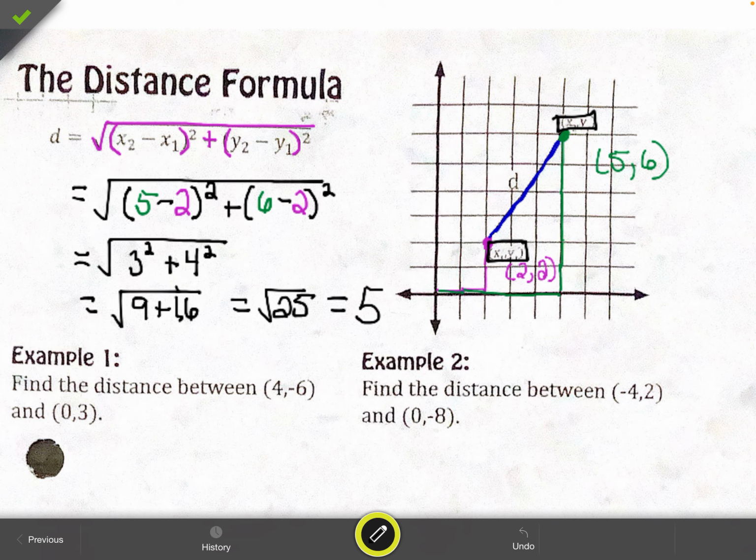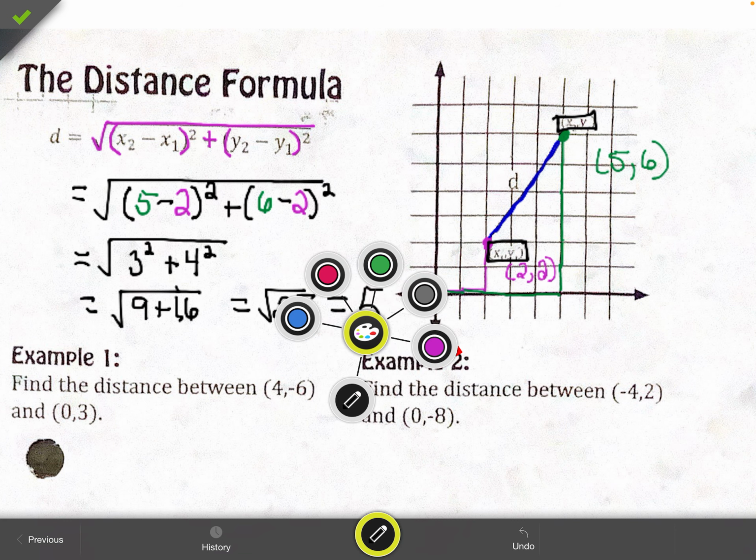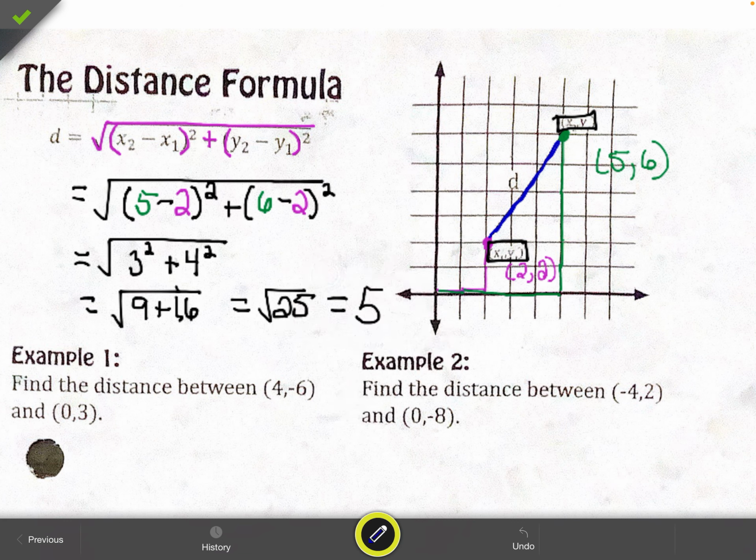Okay, so what we just figured out is between my 2 points, 2, 2, and 5, 6, the distance is 5. Now, we don't know if that's 5 feet or 5 yards or 5 inches or 5 centimeters. They didn't tell us, but we really don't need to know that. We just know that from the first point to the second point, it's 5 units.